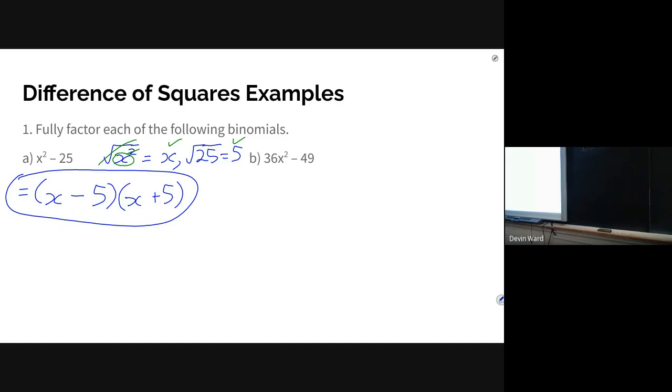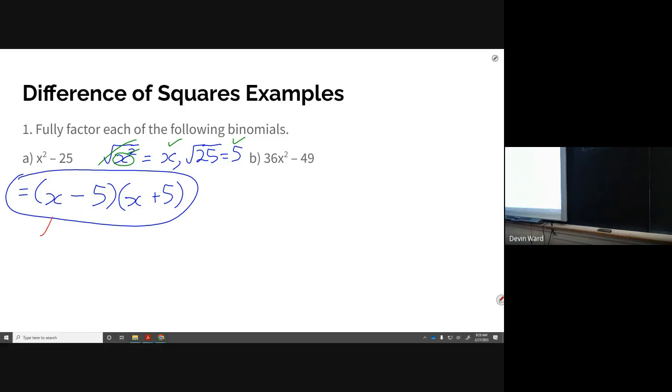Okay, so if you're looking at that formula from above, this was the square root of the first number, the square root of the second number, the square root of the first, and the square root of the second.